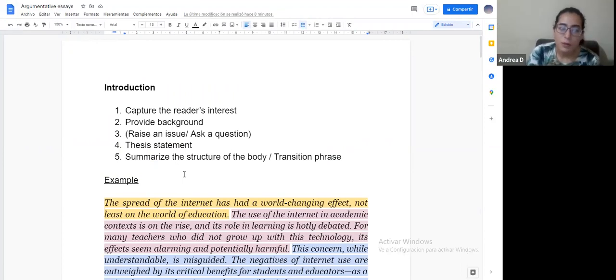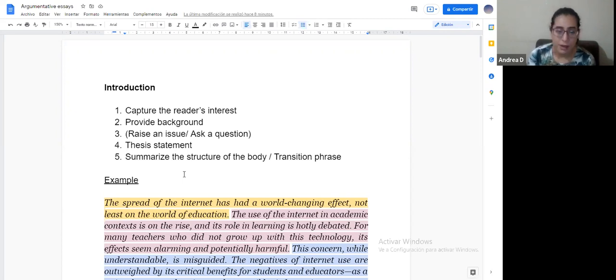Okay. Remember that we've said an argumentative essay is a type of essay in which the author is trying to convince the reader of something. So the author is trying to persuade the reader of his point of view on a certain matter. You need to have three basic things. So you need an introduction in which you're gonna state what your position is, maybe summarize a bit.